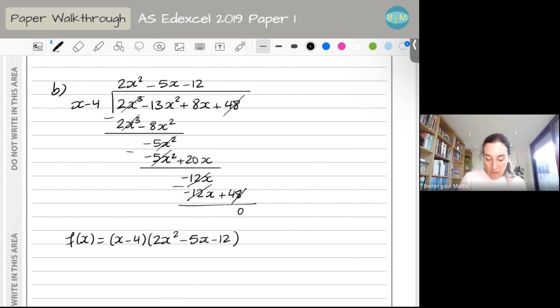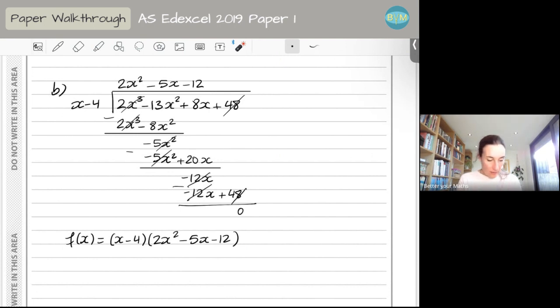And what we can do now is factorize this quadratic. And you know how to factorize the quadratic. So I'm going to factorize with the calculator just to go faster. In the exam, I would find the roots with the calculator and then write some working out.